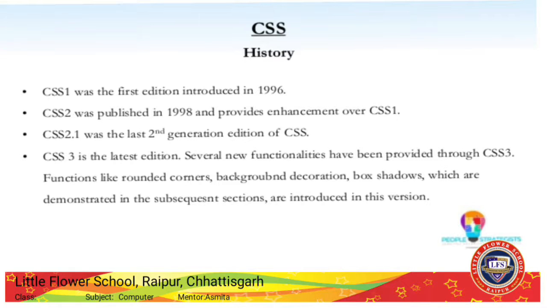At last, CSS3, which is the latest edition, with several new functionalities provided. Functions like rounded corners, background decoration, box shadows, which are demonstrated in the subsequent sections. So all these new functions which are added in CSS3, we'll now study.